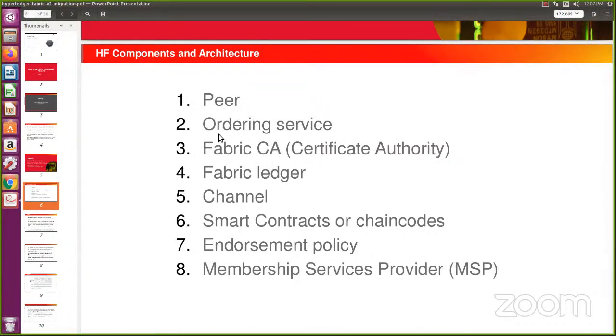We have peers, we have the ordering service, we have the certificate authority on the fabric, which manages all the identities and credentials in the network. The certificate authority can be very simple, or it can be more complex, like a hierarchy. And the fabric ledgers, and then we talk about channel, and then smart contract or chaincode.